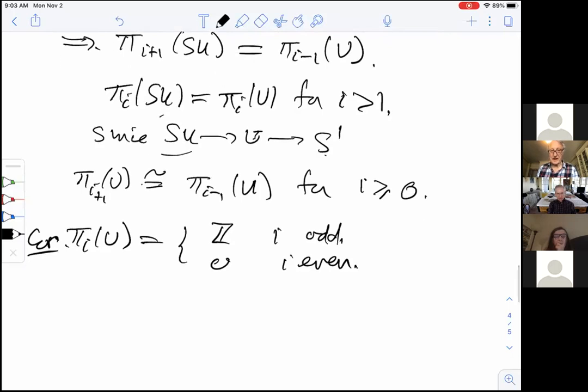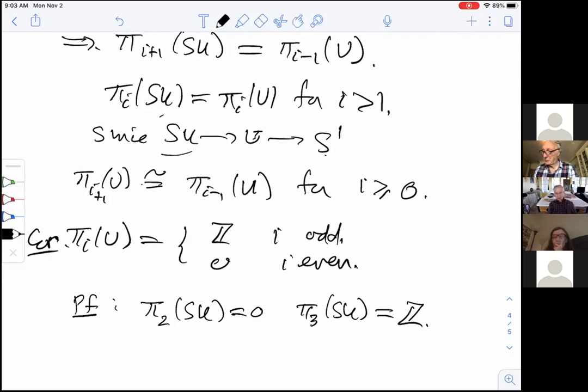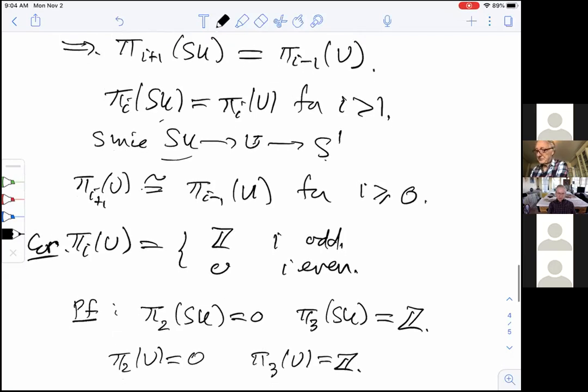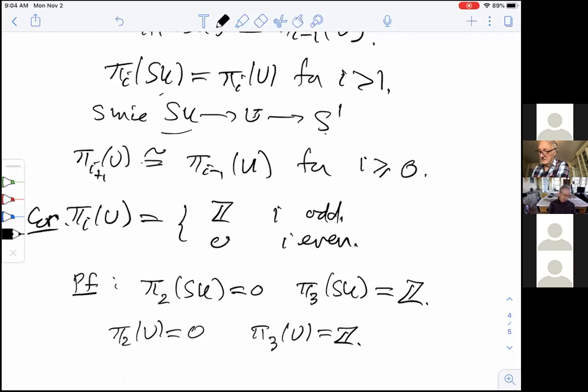This comes from the fact that pi 2 of SU is 0 and pi 3 of SU is Z, and you also use the isomorphisms that pi 2 of U equals 0 and pi 3 of U equals Z. And then you just induct.